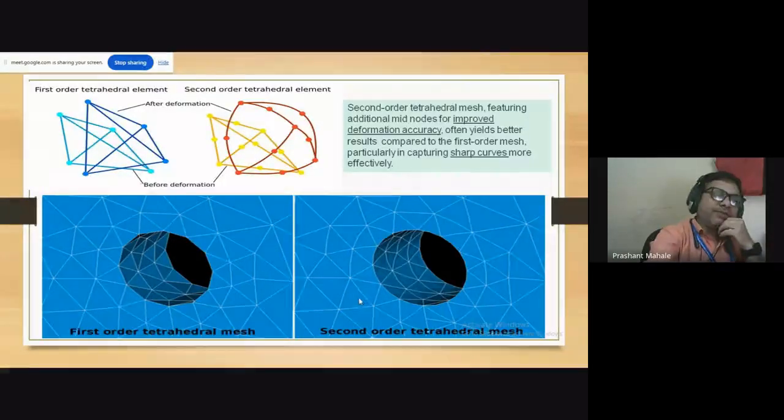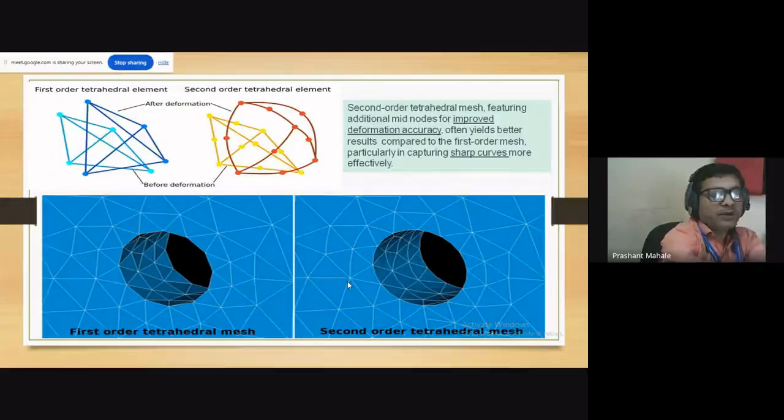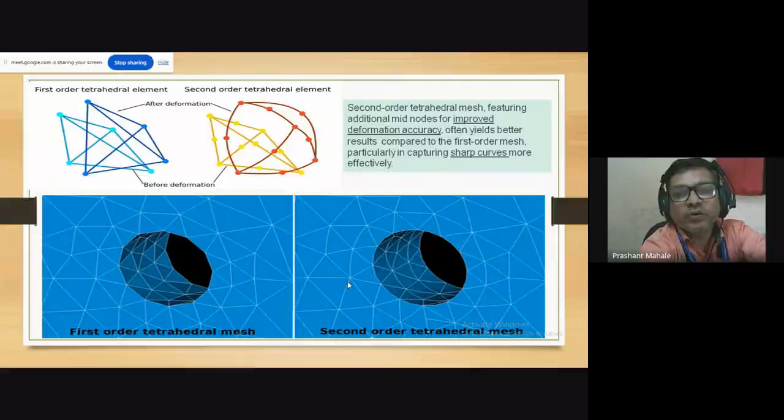So in this way, the selection of element for meshing matters a lot in analysis, and therefore it depends on what actually analysis you are going to do, how precise you require it, or you just want overall values so that you can predict on that particular value only.